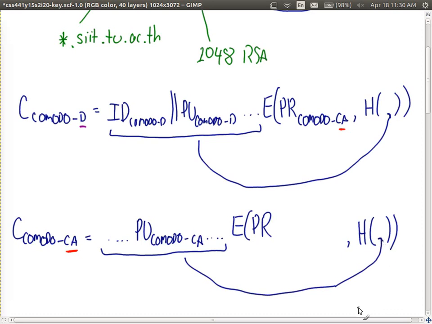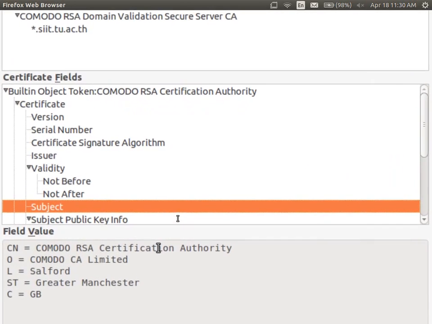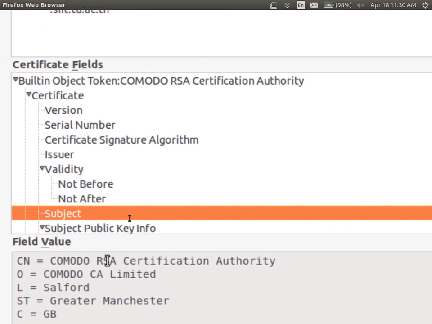Who issued this third certificate? Which Komodo? We've got two different subunits, really. Let's have a look. The subject is Komodo RSA Certification Authority, Komodo CA.